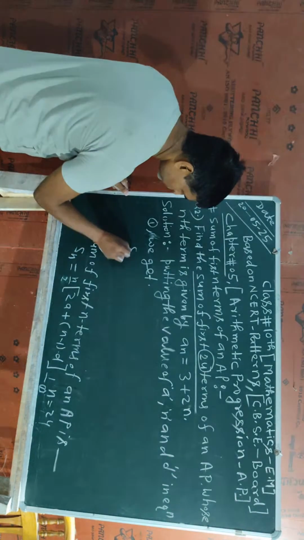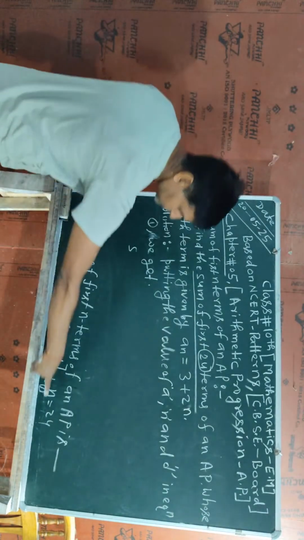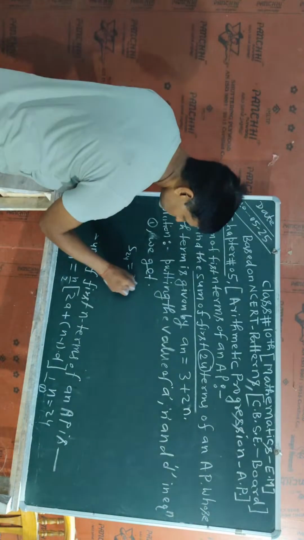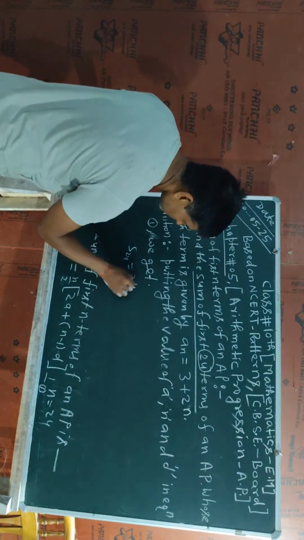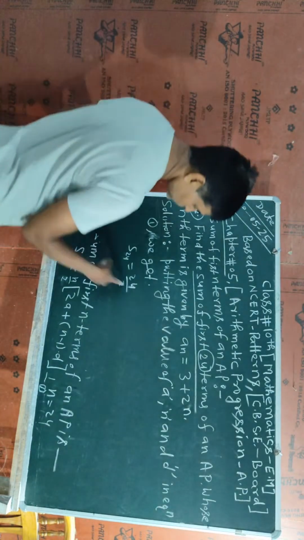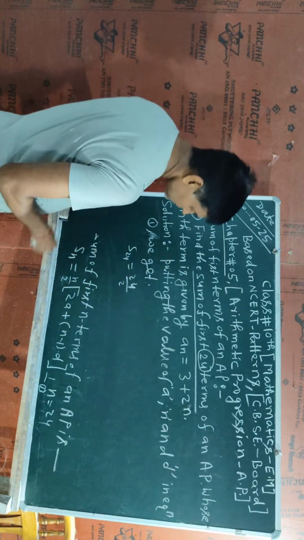In the place of n, 24 is available, so I put 24 divided by 2, because the formula is n divided by 2.